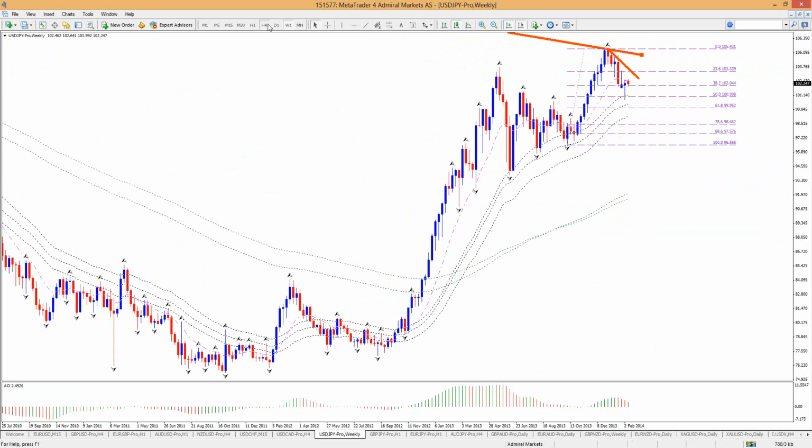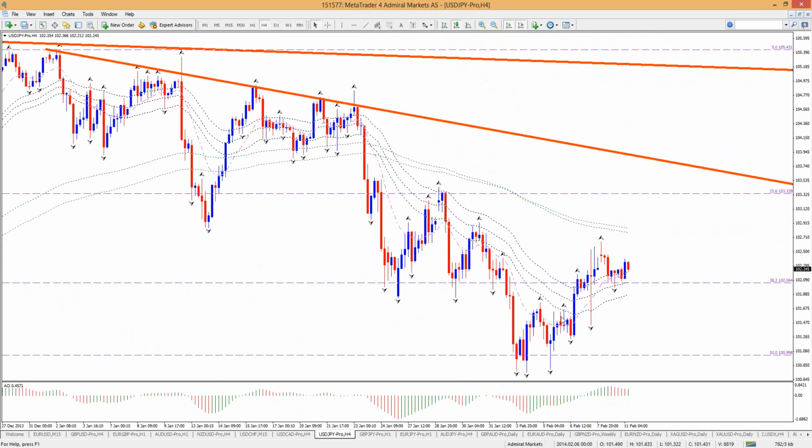So it's not an easy picture here, I think. The dollar yen is in that uptrend channel on the 4-hour chart, and is above the black band, but it's still below the green band in a way. So that's not the easiest scenario.